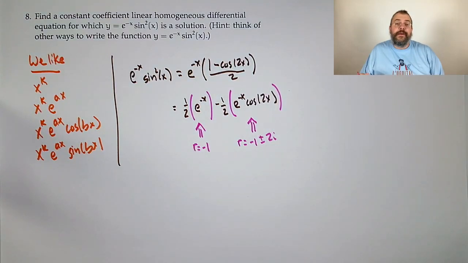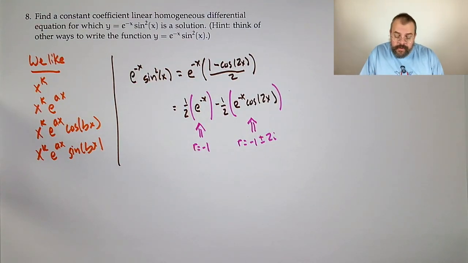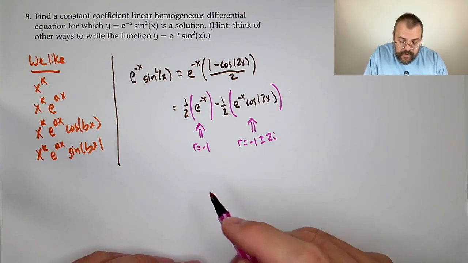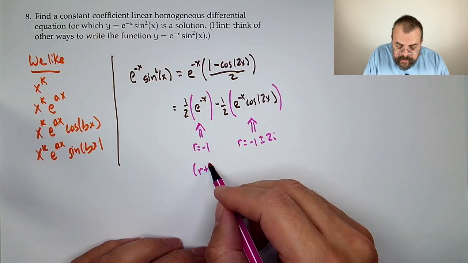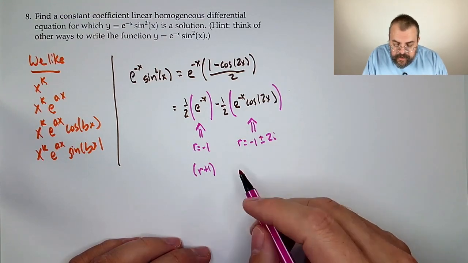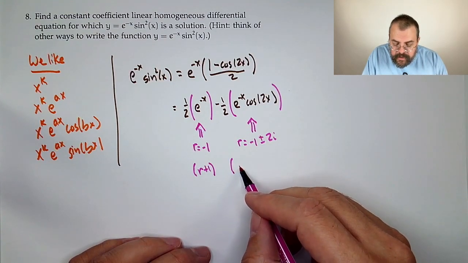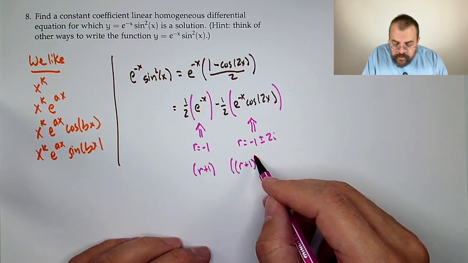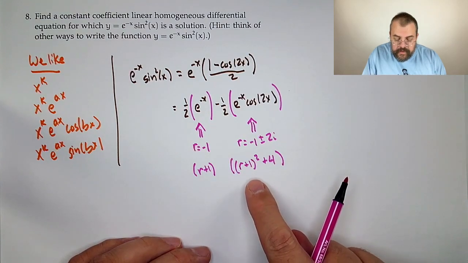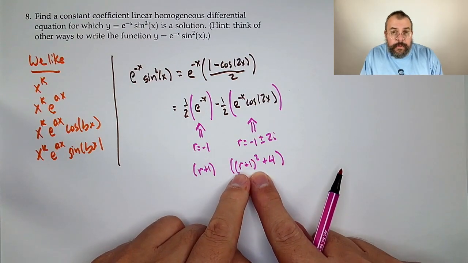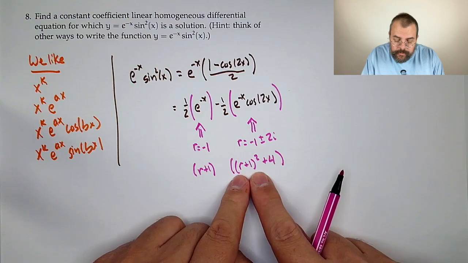So we just need to find a polynomial with these roots. Well, that says r plus 1 is a factor. Now another factor would be (r plus 1) squared plus 4. And if you're wondering where that came from, just reverse the process.